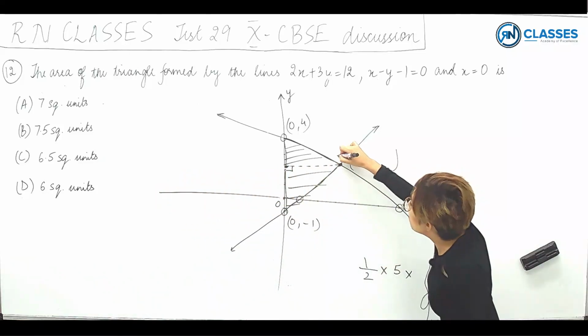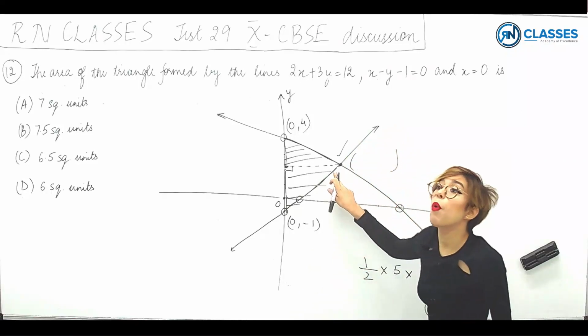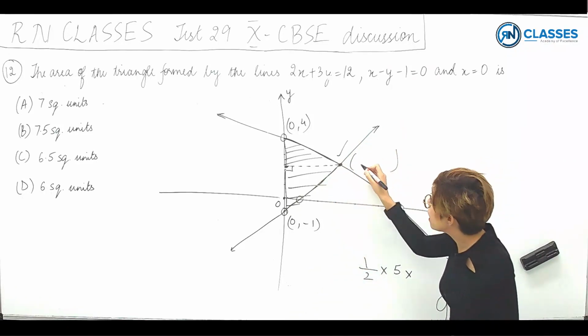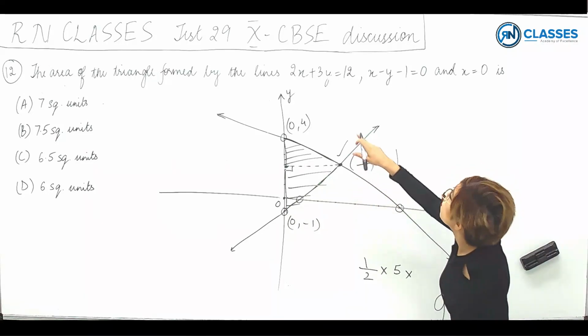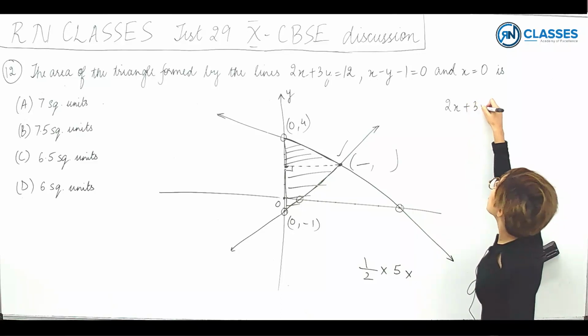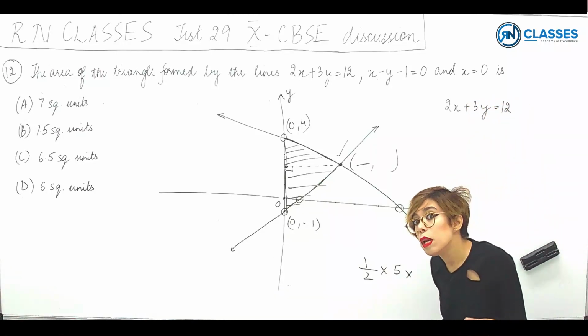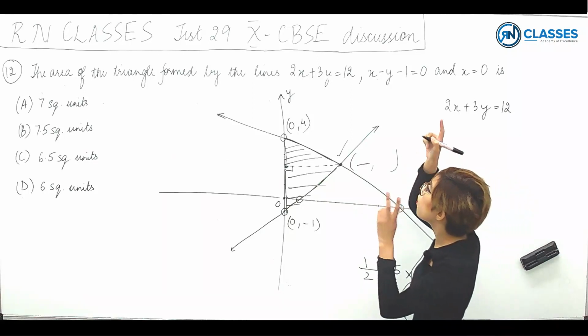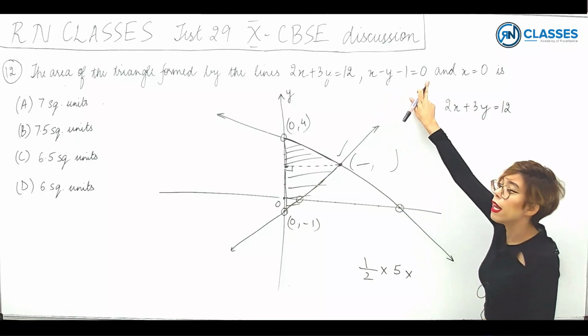As you can see, this point lies on this line as well as on this line. That means this is the point of intersection, and I need the x coordinate of point of intersection. Right? So point of intersection निकालना है. So let's solve it. So 2x plus 3y equal to 12. I need x. That means I'll try to eliminate y. So y के coefficient same करते हैं. यहाँ पे 3 है, यहाँ पे -3 है. So multiply this equation by 3.